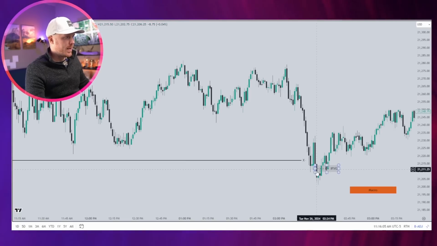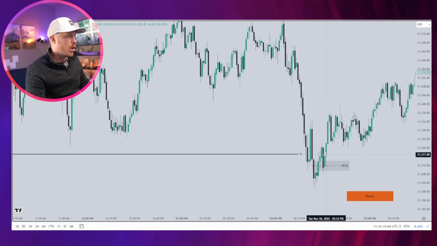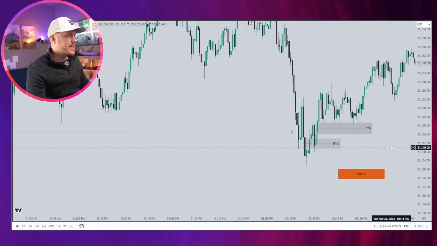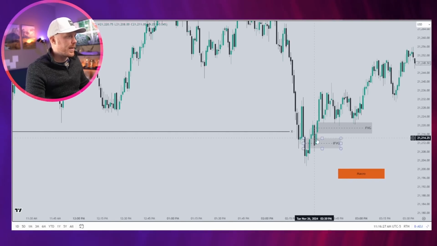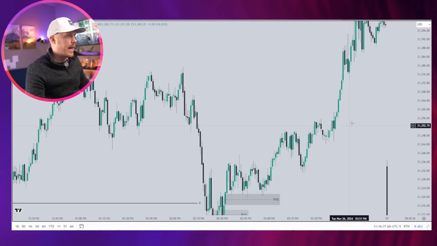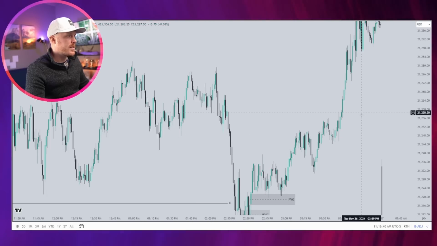We have the inversion fair value gap right here, and then we have our first fair value gap that's created right here. We can see that when price inverts this fair value gap, it creates the inversion, signifying the low has been created. We have our first fair value gap where we can find support and a move higher. And look how aggressively it runs in the other direction.